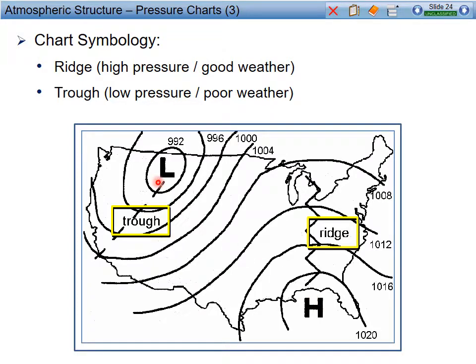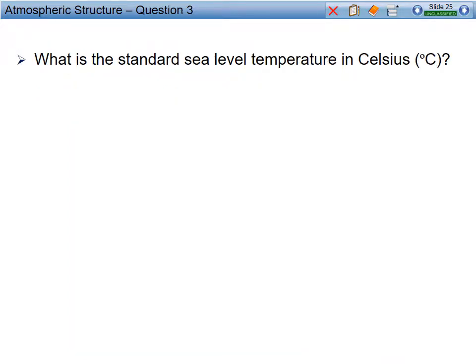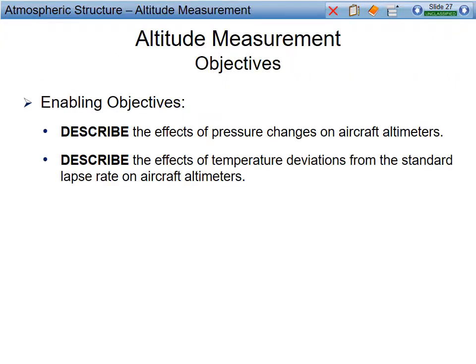A trough is a dashed line that comes out of a low pressure center, again running perpendicular to the isobars surrounding that low pressure center, and is generally associated with poor weather, and oftentimes you will see a front instead of the trough symbology. (15°C or 59 degrees Fahrenheit).